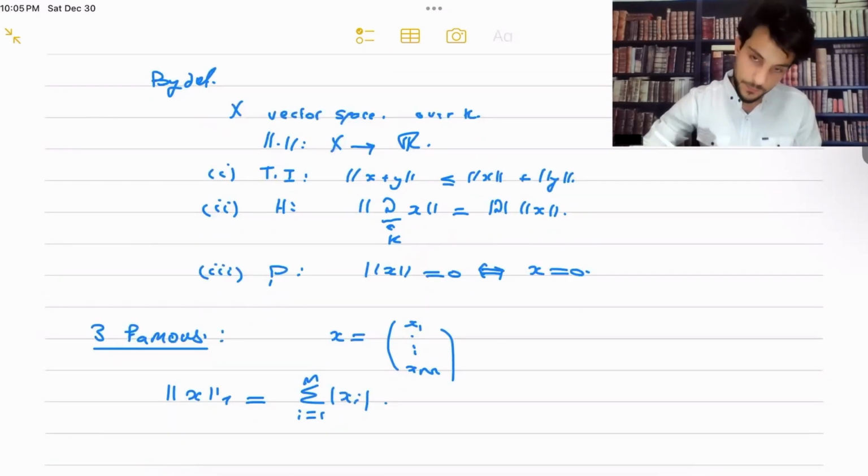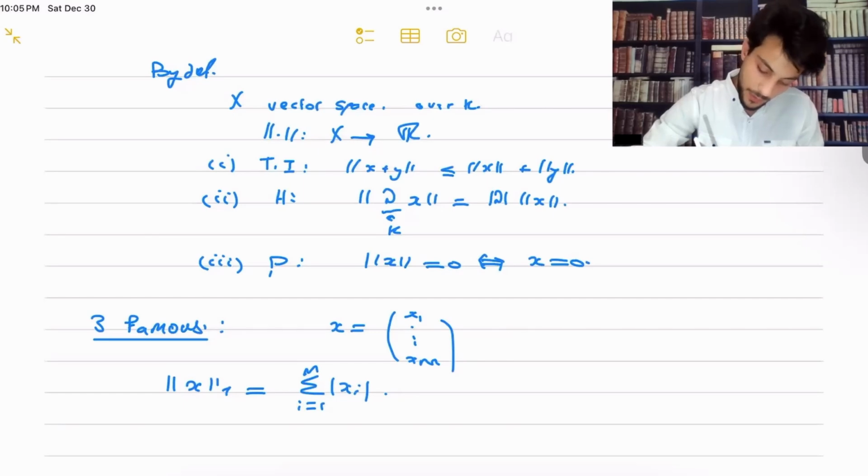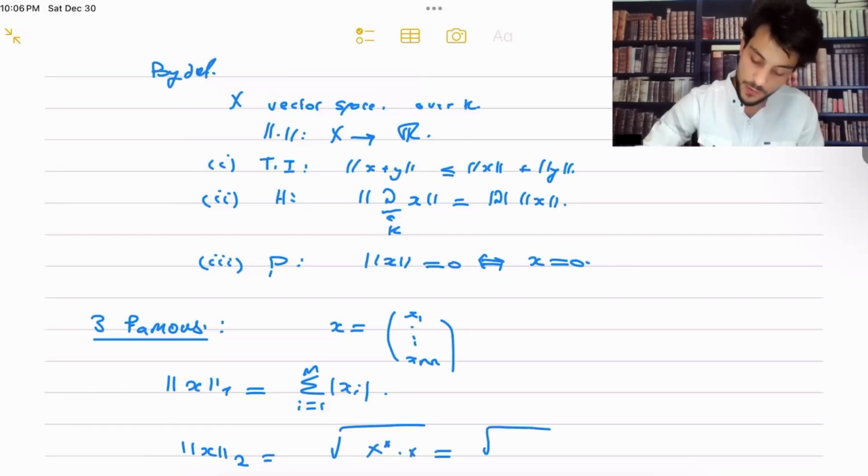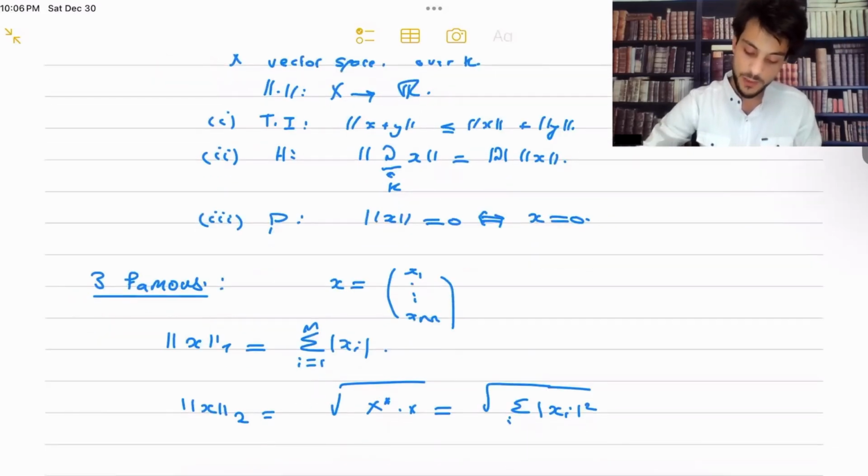And the second kind of norm we want to define is the so-called two norm, which we've seen in the first lecture. It's the norm that is the dot product of the vector with itself, or in other words, it's the square root of the sum of the entries squared in absolute value.